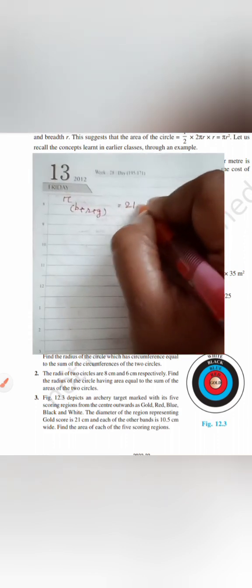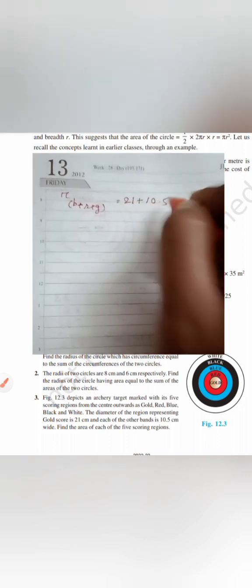Radius of blue means blue plus red plus gold. So that will be 21 plus 10.5 again. So that was 31.5. Right, 31.5.